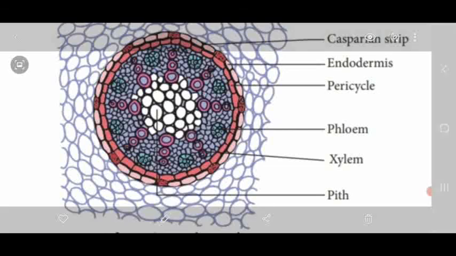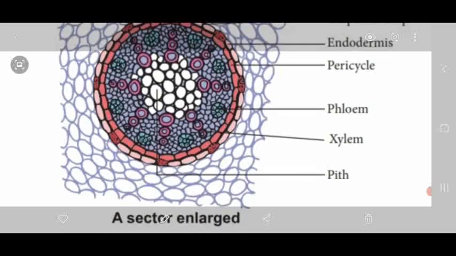At the center, thin-walled, loosely packed parenchyma cells are called pith, with large intercellular spaces. That region is called pith or medulla. The function of pith or medulla is storage.